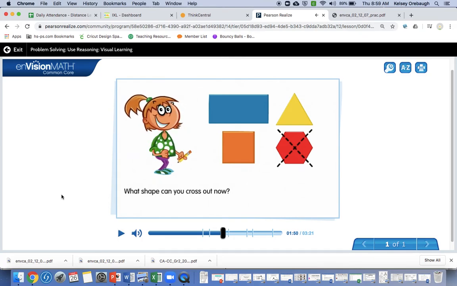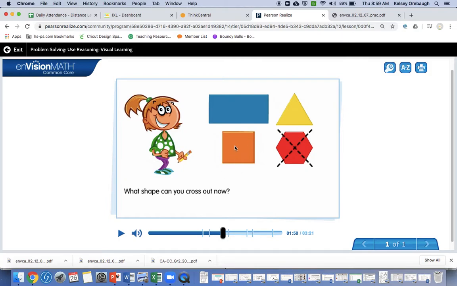All right, so our second clue. The shape has more than 3 sides. Let's see what we can cross off. Rectangle has 4 sides. Is 4 sides more than 3 sides? Yes, so we cannot cross that off. Square. Square also has 4 sides.